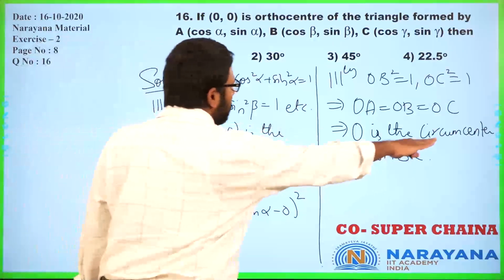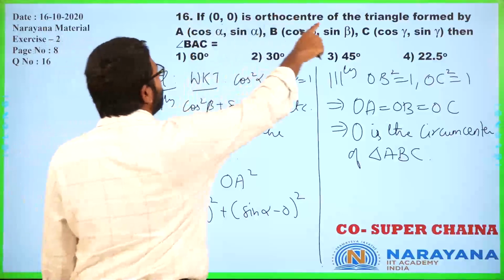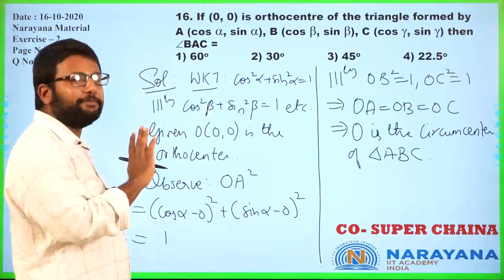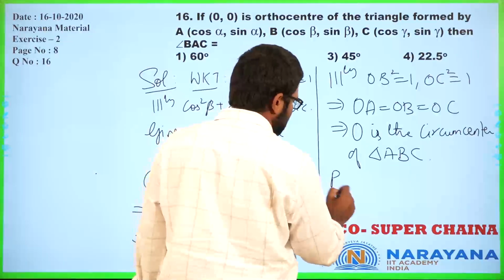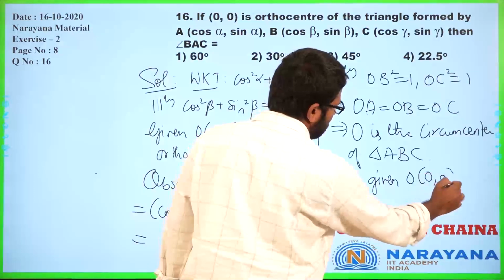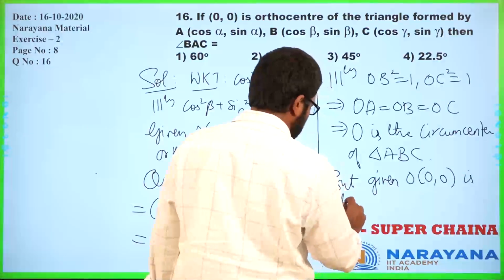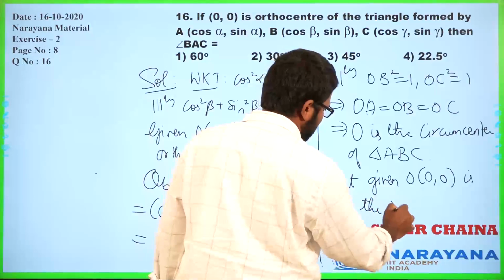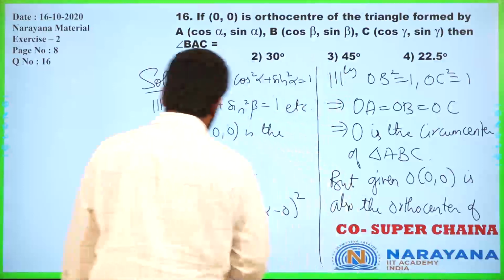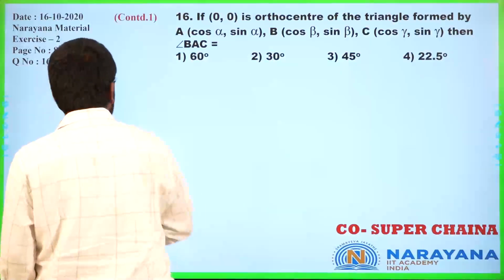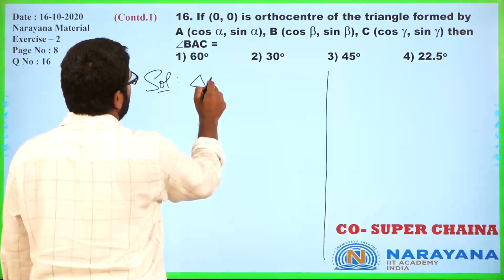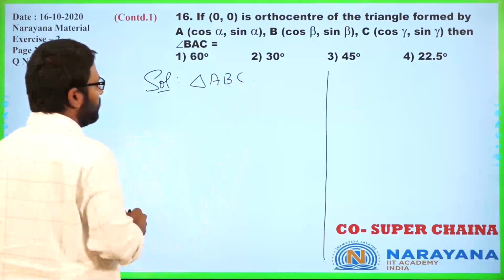But O is the circumcenter and it is also given that O (0, 0) is the orthocenter of triangle ABC. What happens? Automatically the triangle must be equilateral.